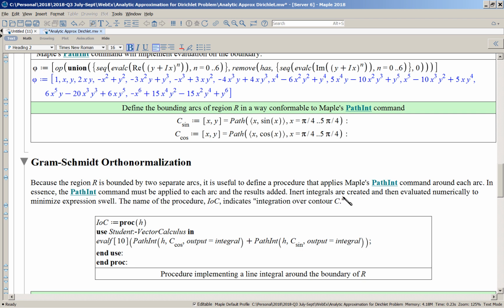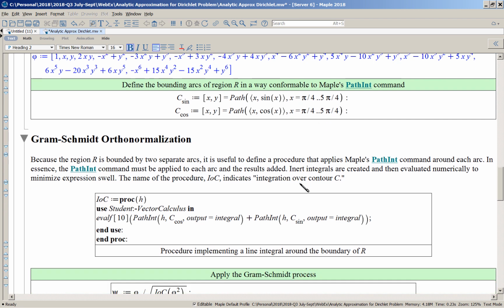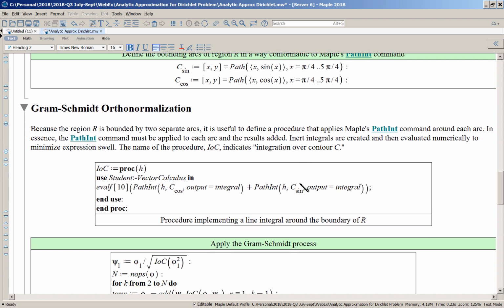And then on the upper branch, the sine branch, I went from 5 pi upon 4 back to pi upon 4. That didn't work because Maple's path int command takes care of the direction. So it wasn't until I realized that I should put both of these arcs from pi upon 4 to 5 pi upon 4 that things would work out.